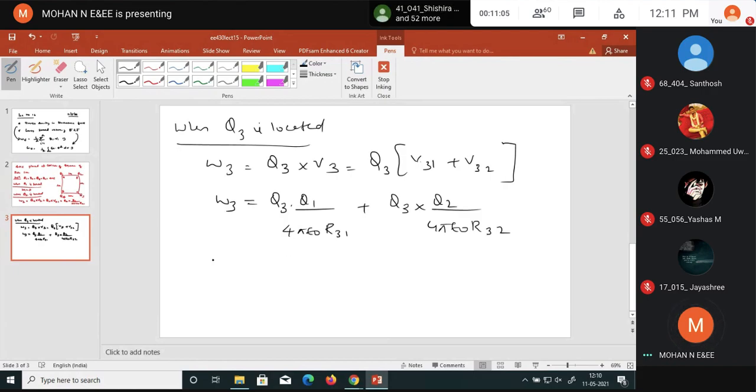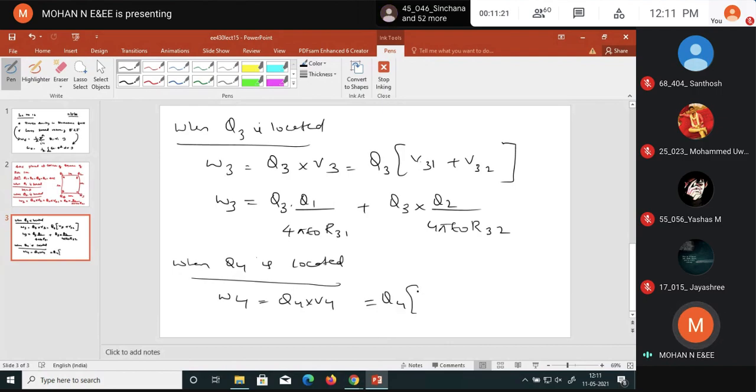Next, the last one, when Q4 is located. That is W4, Q4 into V4, which is Q4 into the potential at 4 due to charge 1, due to charge 2, and due to charge 3.